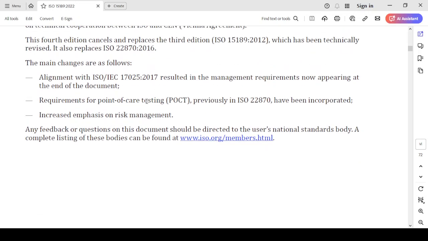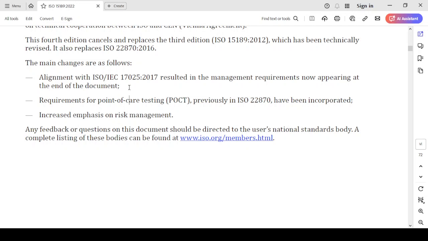So the foreword also highlighted what changed from the old standard to this new standard. And when you look at this first bullet, if you have a standard there, please highlight this first bullet. It was changed to align it to ISO 17025. Okay, like I said previously, we had only 5 clauses. We had scope, normative references, terms and definitions, management requirements, technical requirements.